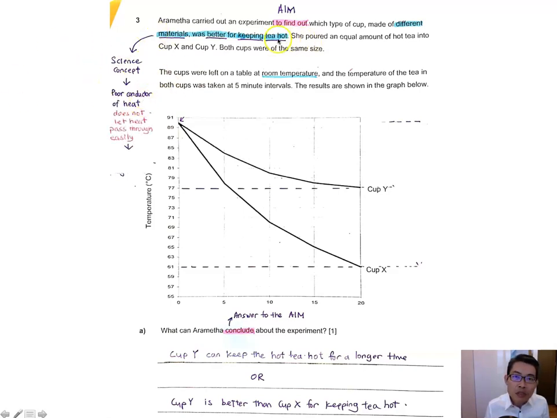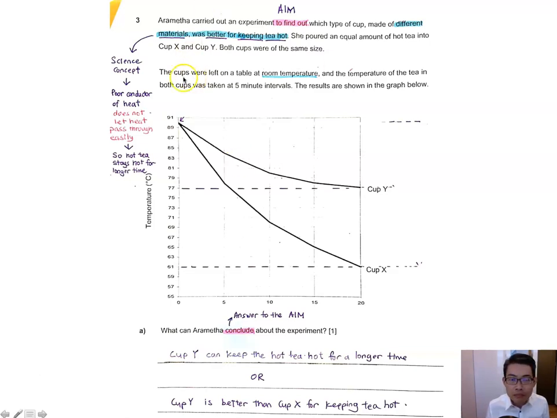So we must find out to keep tea hot. Therefore, we must be looking for the poorest conductor of heat, because that will not let heat pass through easily, which means that the hot tea will stay hot for a longer time, because the hot tea will lose heat to the surrounding much more slowly compared to the hot tea in a better conductor of heat in the same amount of time.